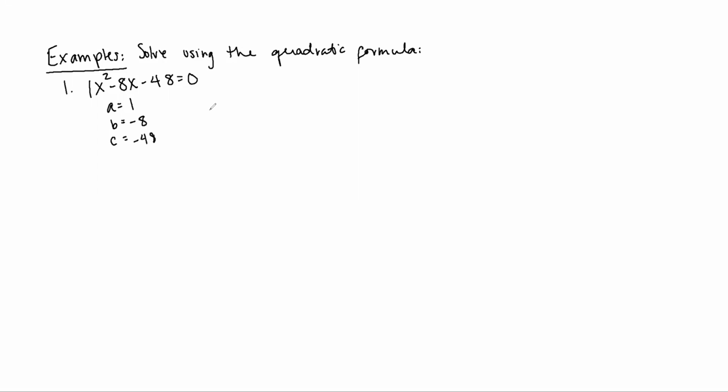Now, when we plug this in, we're going to have x equals, I'm going to rewrite the formula up here. And notice how it's x equals, because this is our solution for x. We get negative b plus or minus the square root of b squared minus 4ac all over 2a.